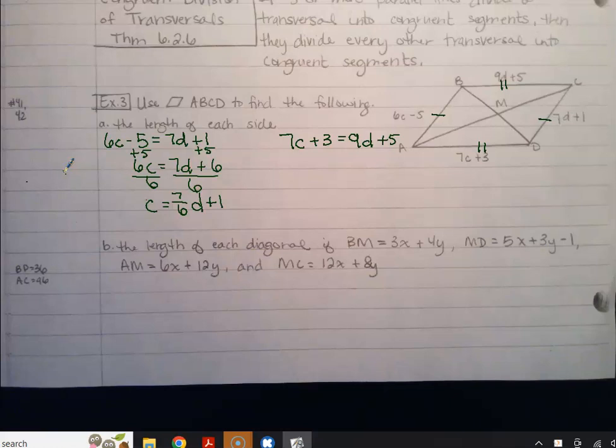It is okay if you get a fraction. We can still substitute that in. It's going to look a little messy, but it doesn't mean we can't do it.